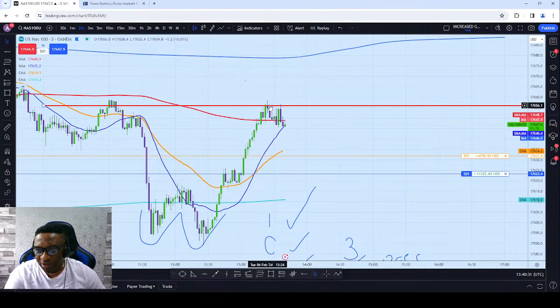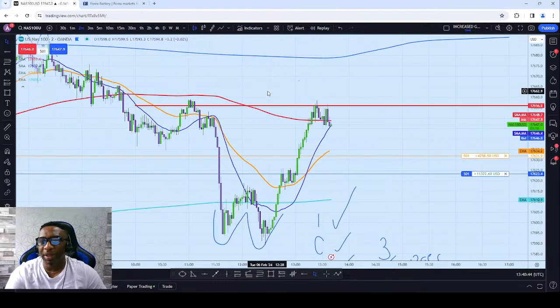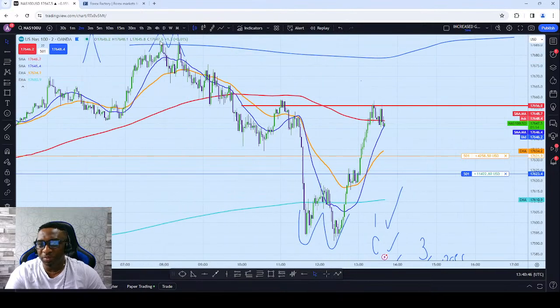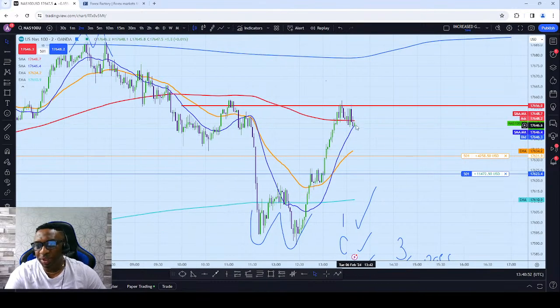As I said, you could have taken your profits here, but there's more room from our entry to where price currently is. If we are anticipating a bigger move up to probably the top here or further up, we could hold and see what happens.